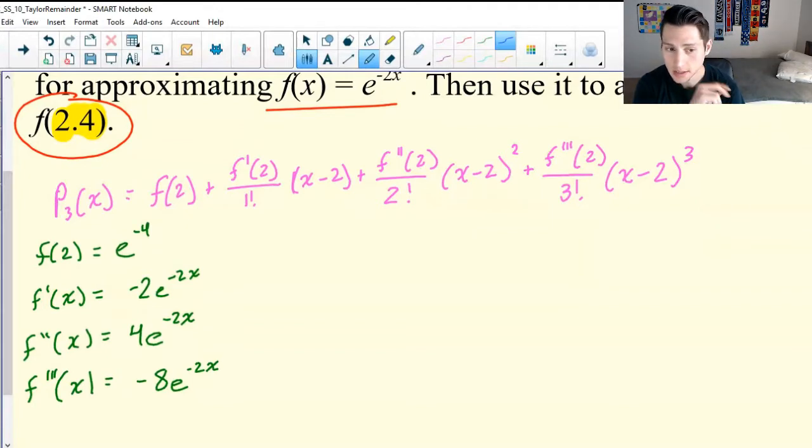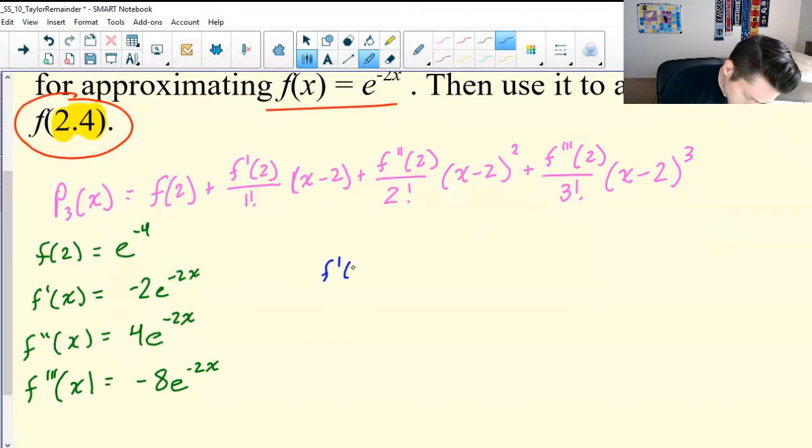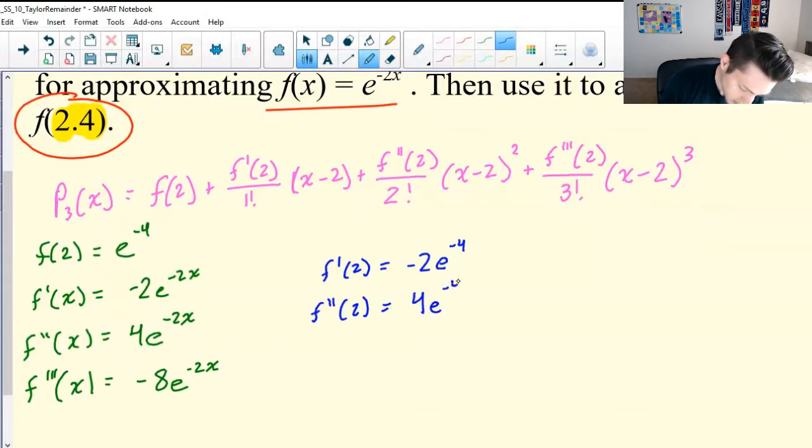Now I just need to evaluate each of these derivatives at 2, since that's what we're centered around. f prime of 2 is negative 2 e to the negative 4. f double prime of 2 is positive 4 e to the negative 4. f triple prime of 2 is negative 8 e to the, again, negative 4.